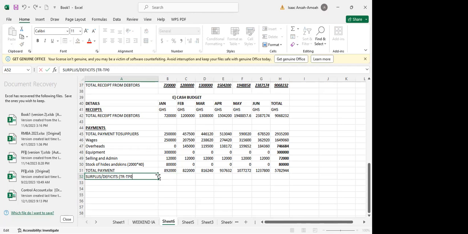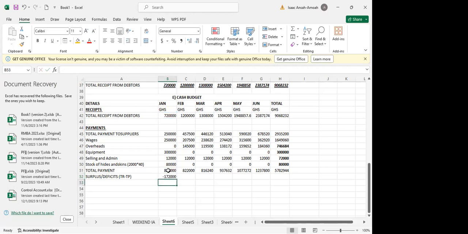So for January, we're looking at our total receipts minus the total payment here, and then I'm going to check this with the rest of the months. Month 2 or February, I'm still taking my payment away from my receipts, and I'm doing that for the rest of the periods.